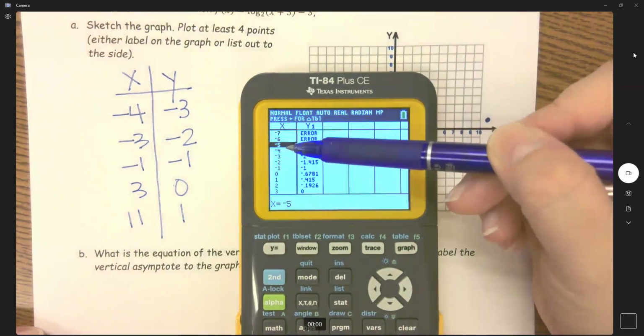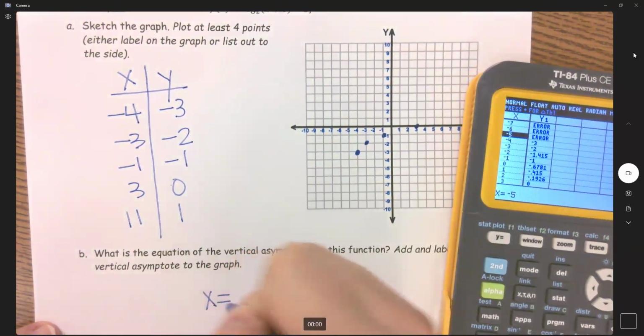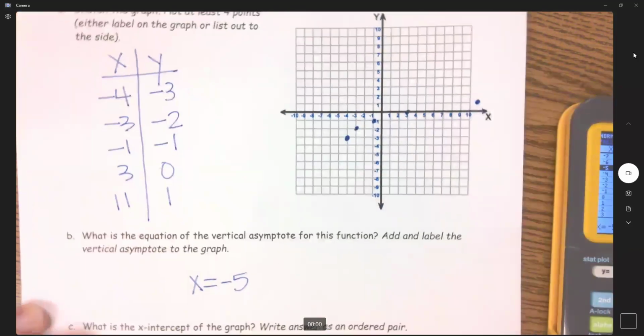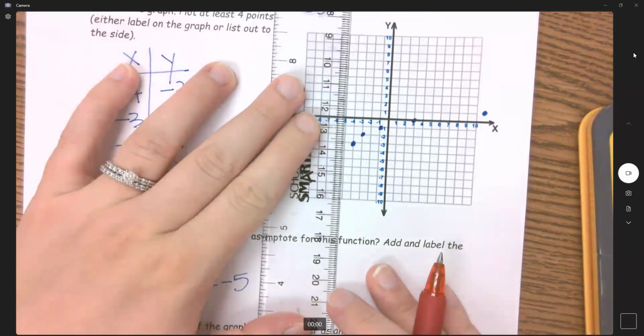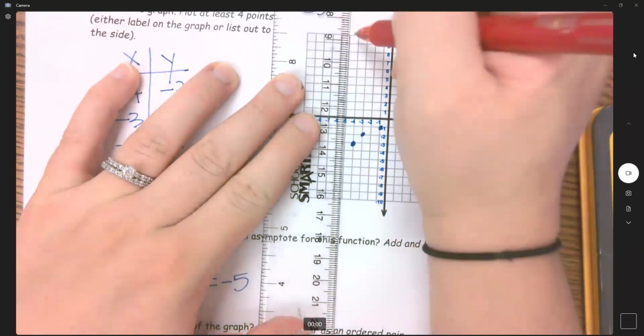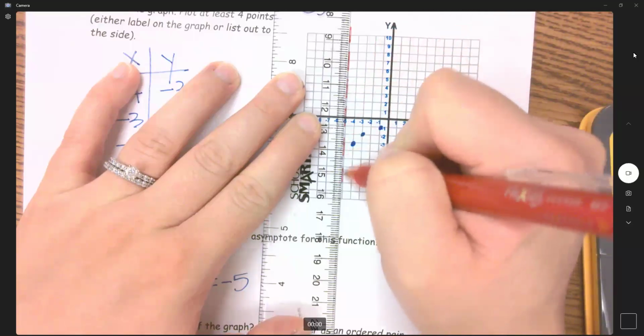So it's at x equals -5. So I usually use a highlighter, but I'm just going to use my pen here. So at x equals -5, I'm going to do this with dashed lines.